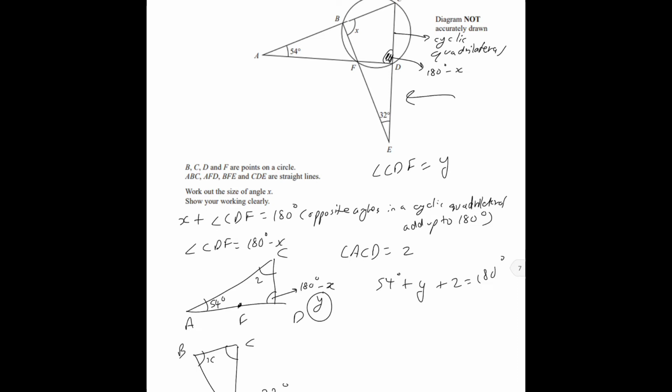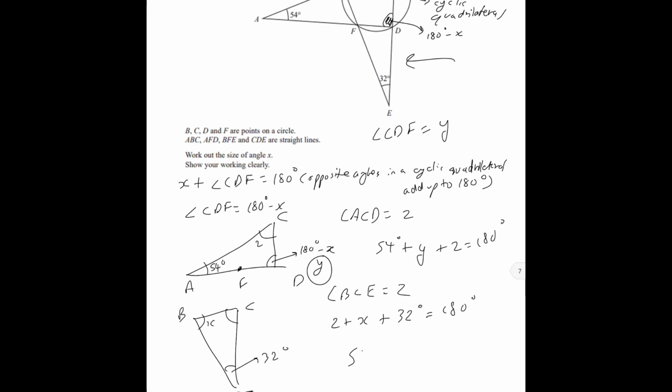We know what X is. We have to find out what BCE is. So we can call angle BCE Z as well. So we have Z plus X plus 32, and they all add up to 180 degrees. Clearly, we can use this equation to find out what Z is.